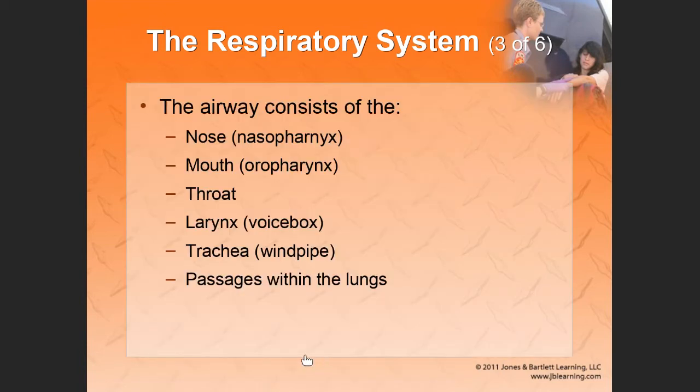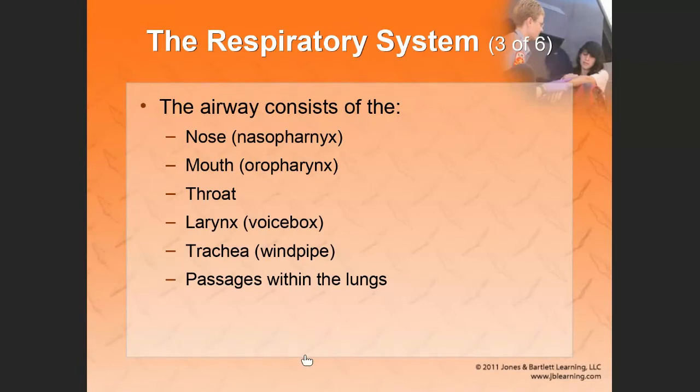So the airway consists of the nose and the nasopharynx. The term nasopharynx refers to the posterior portion of the nose. Then you have the mouth and oropharynx.